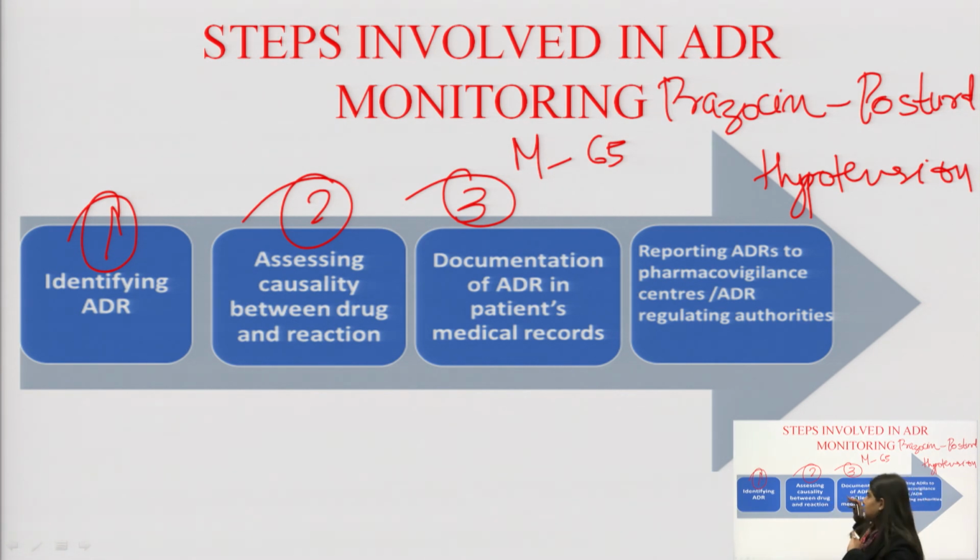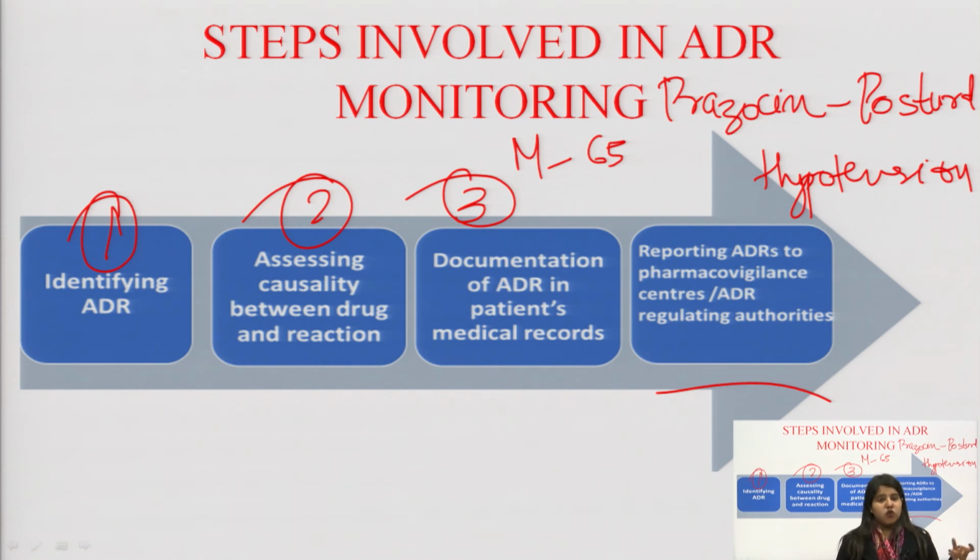Then the fourth and last step is to report that ADR to the pharmacovigilance center or the ADR regulatory authorities in that area. According to the PVPI, the Pharmacovigilance Program of India, zonal centers have been set up wherein the information about the said ADR can be shared.